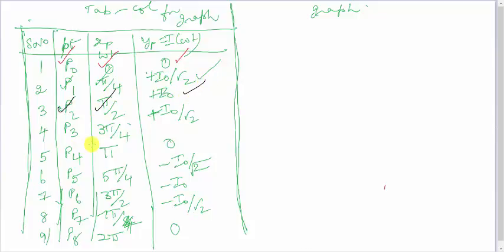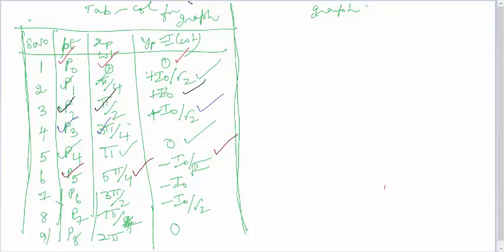And then for the fourth point, fourth serial number, point P3, you will have P3, this is 3 pi by 4, and this is the one. And the next point, I will take green again, P4, this will be pi, and this will be 0. And then next point, P5 like this, 5 pi by 4, and this will be minus I naught by root 2.